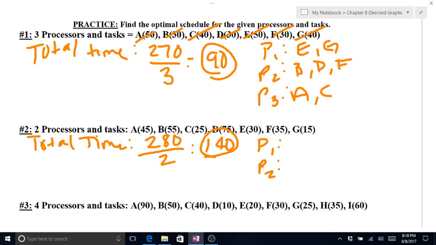It looks like A, B, C, and G can go together. And D, E, and F.